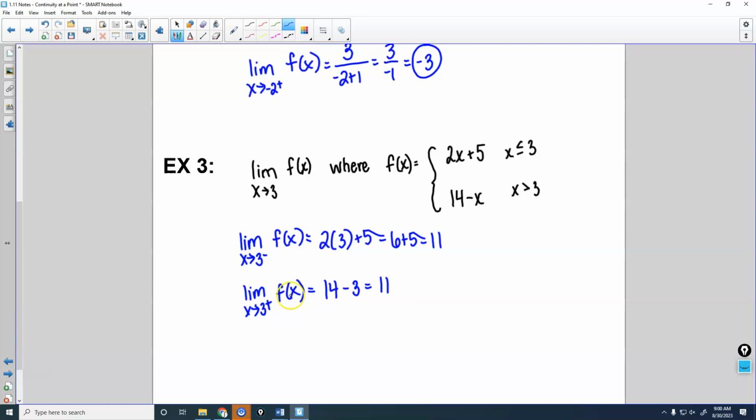So, since the limit as x approaches 3 from the right of f of x equals the limit as x approaches 3 from the left of f of x, the limit as x approaches 3 from both sides of f of x would equal 11.